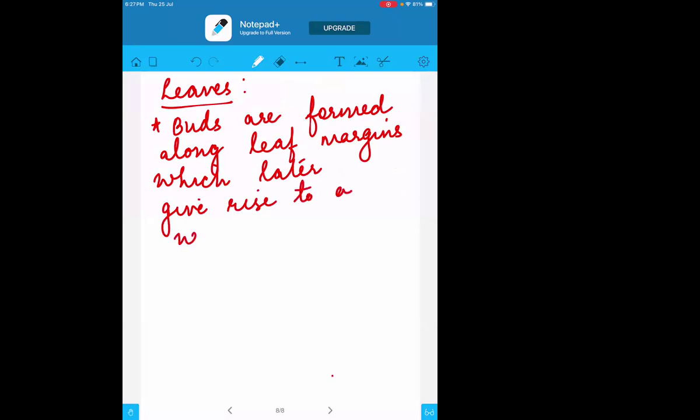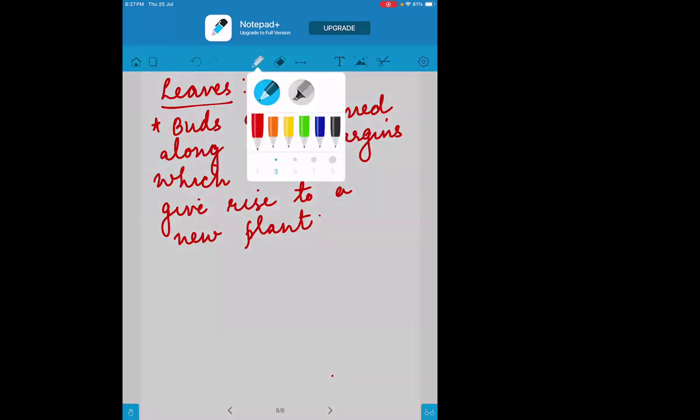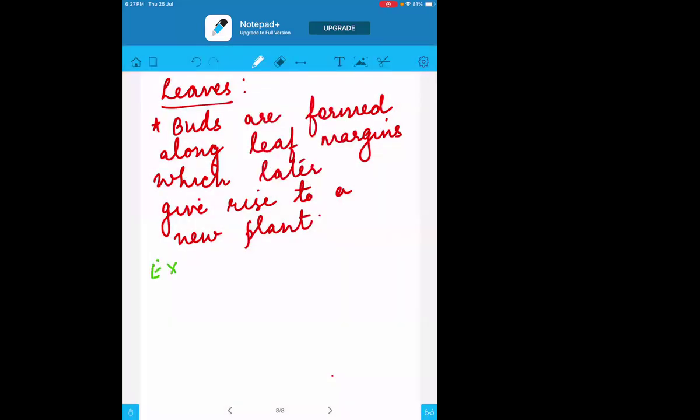I think in the previous classes, we have discussed the example also. A very good example is bryophyllum. Almost every year they ask this one-mark question, to write an example by which the plant can grow from the leaves. So what happens in this bryophyllum plant?